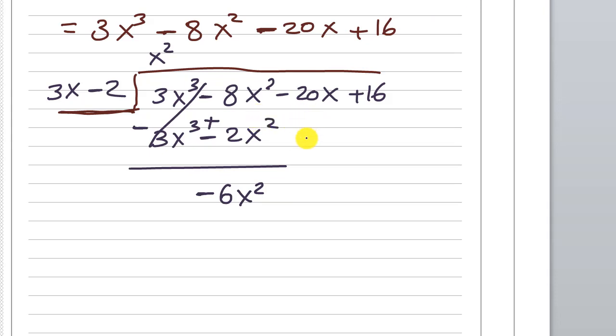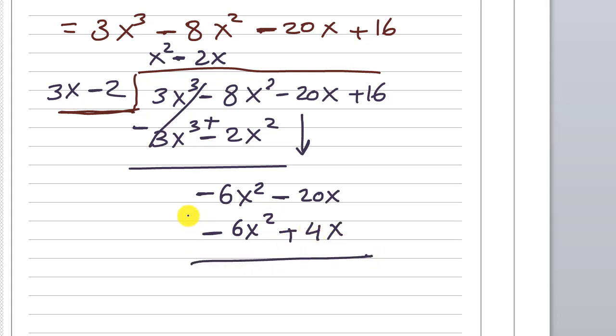The minus 20x will go down, so minus 20x. Now minus 2x here minus 6x squared plus 4x. So it will be plus minus.